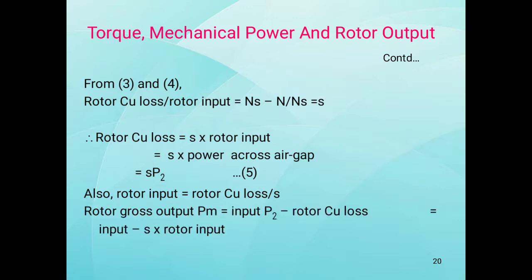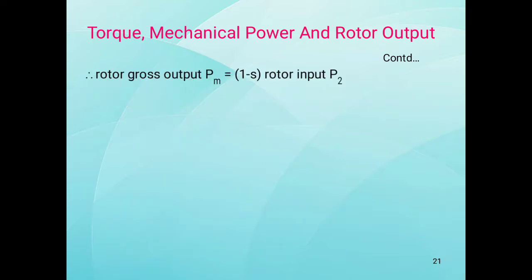So rotor gross output Pm is input P2 minus rotor copper losses, that is input minus S into rotor input, which is 1 minus S into input P2. So rotor gross output Pm is equal to (1 minus S) into rotor input P2.